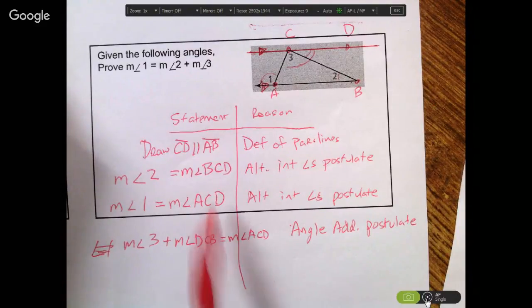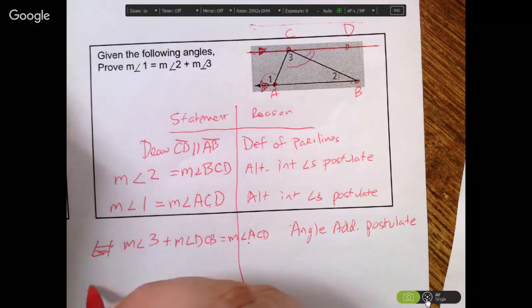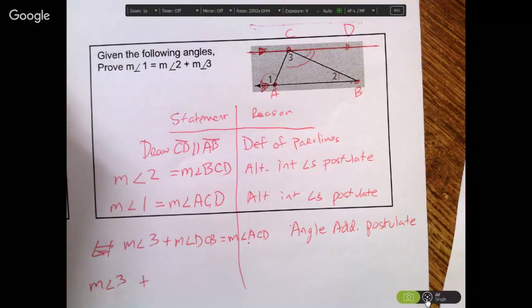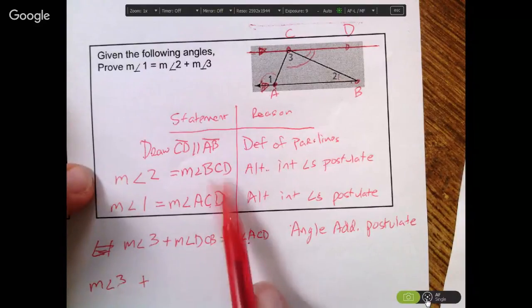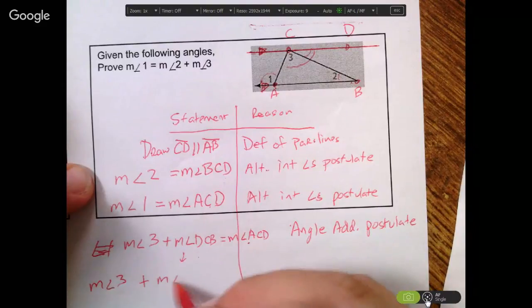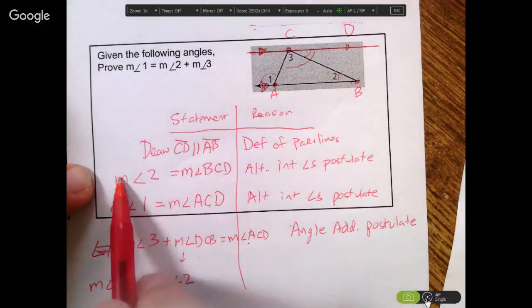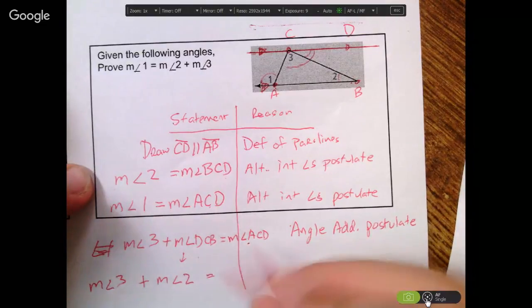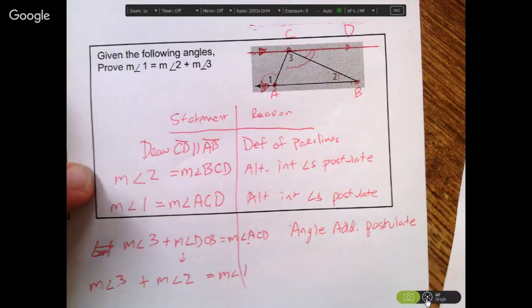Well, I just said that angle ACD is equal to angle 1. So I'm going to replace that. I'm going to say measure of angle 3 plus, and I said up here that DCB, even though I wrote it backwards, is equal to the measure of angle 2 from up here. And then I can say that this is equal to the measure of angle 1. Okay.